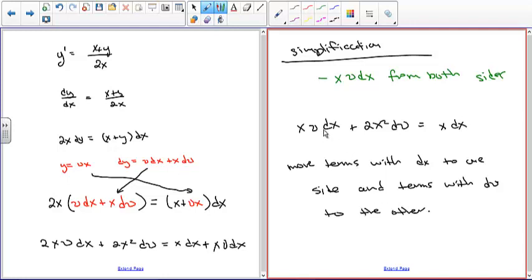So I've got dx here, I've got dx there, so I'm going to move this over there, and I'm going to move that to the other side. So I'll have x nu dx minus x dx. So that's this going to the other side becoming negative, and then this one goes to the other side, becomes negative.